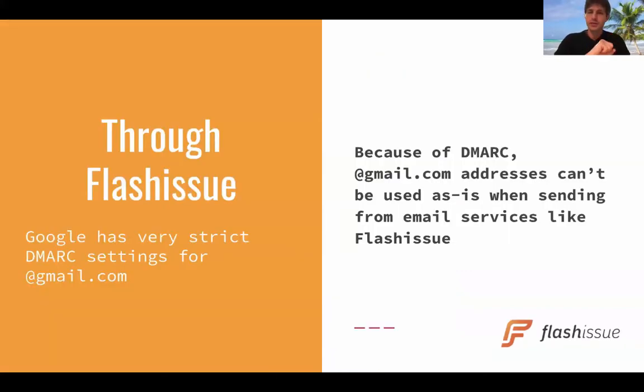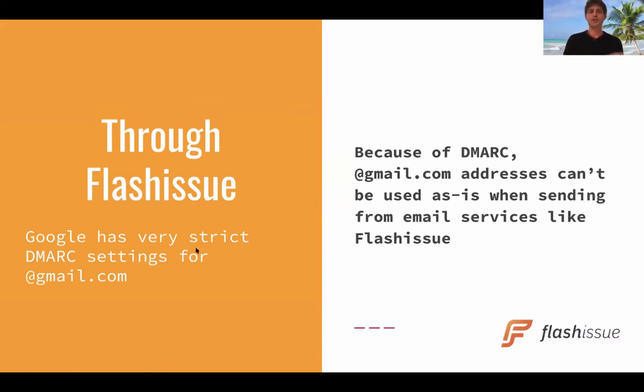Now, why did I explain this? When you send a message from Flashissue and you're using a gmail.com address, but you're sending it to a large list, we cannot send it through Gmail, right? We cannot send it through Google because, as we explained earlier, there's a hard limit on the number of emails you can send per day. So we have to send it through Flashissue. But there's a problem.